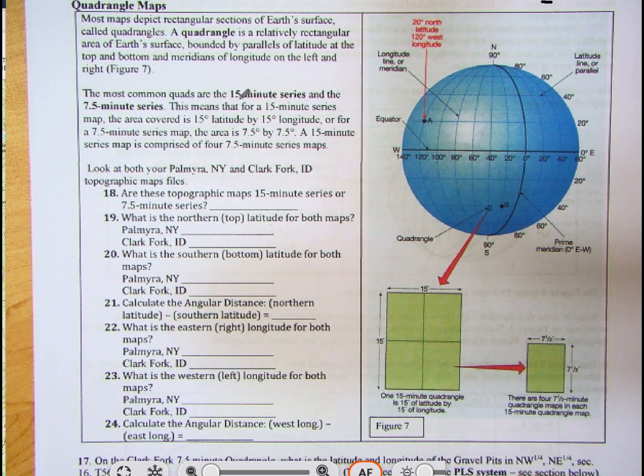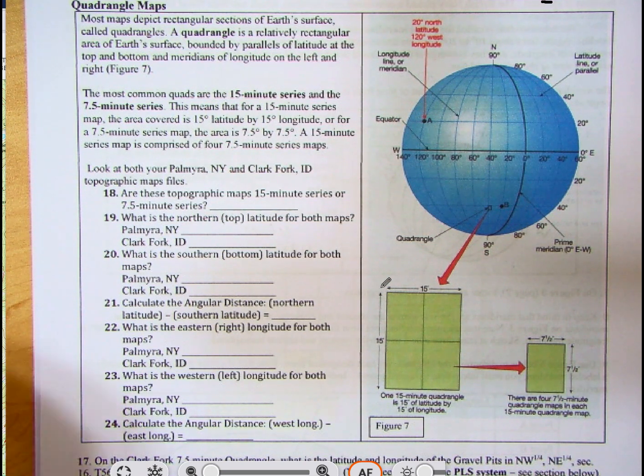Because 15 times 4 is 60. So understand that these represent areas. They're 15 minutes on the side. For the 7.5-minute series, there's 7.5 minutes or 7.5 nautical miles on the side if we were on great circles. All topographic quadrangles will have north on the top, south on the bottom, east on the right, and west on the left. So that's something to remember.